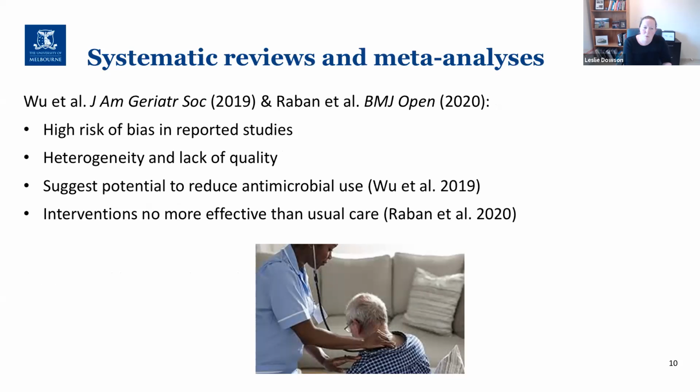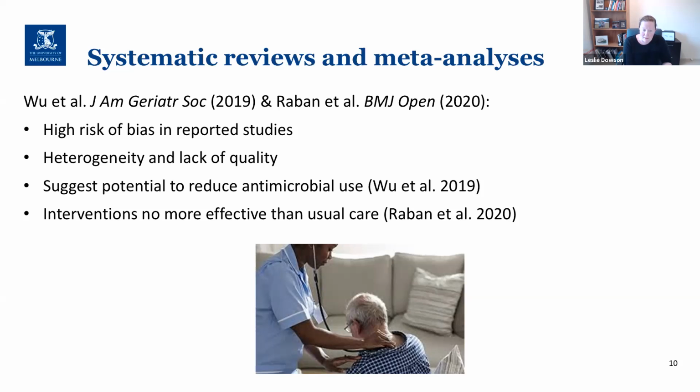Both of these groups reported a high risk of bias in the reported studies. There was some suggestion that there was even publication bias, so they were only publishing successful research studies. There's a lot of heterogeneity and lack of quality, so there have been a lot of things tried, but vast mixtures of interventions.